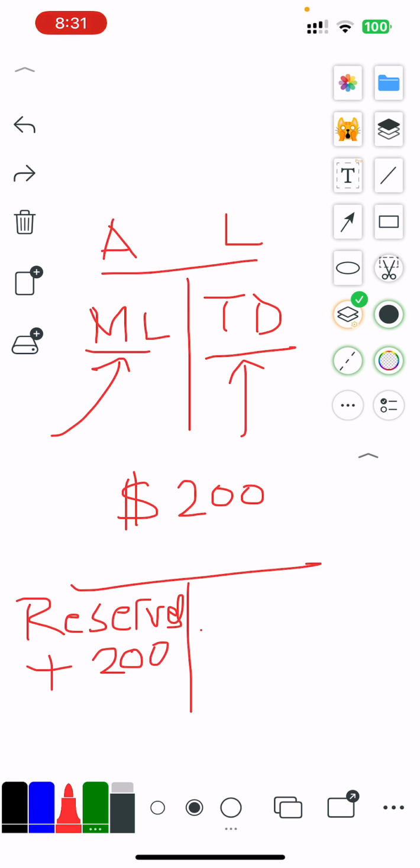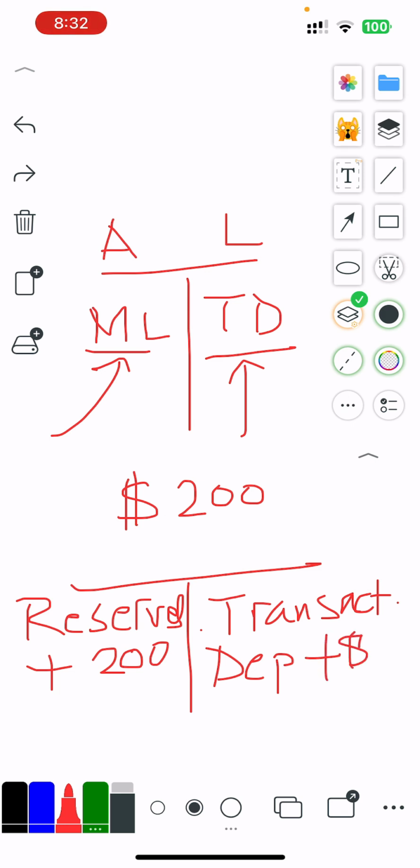The liability will also be $200 on your T account. So this is your transactional deposit, and you will add $200 on this end as well.